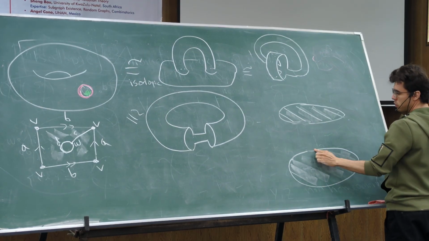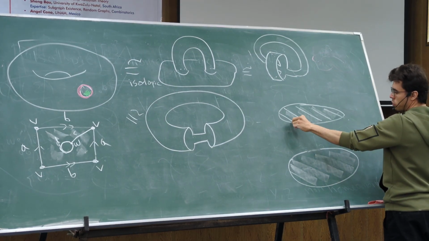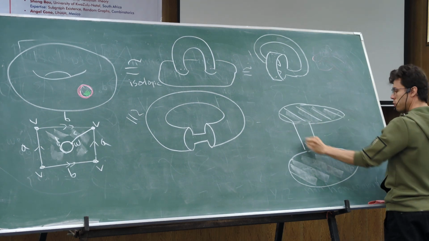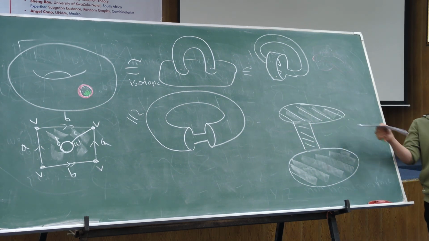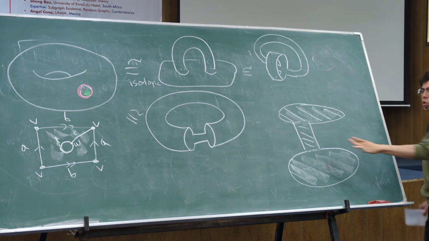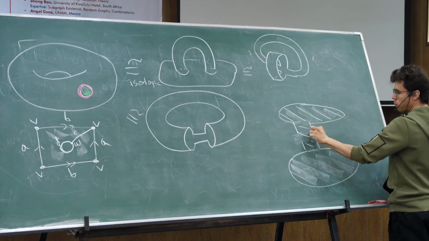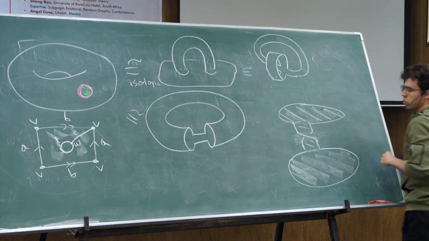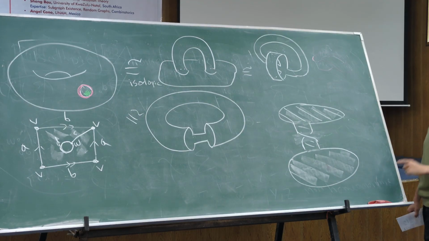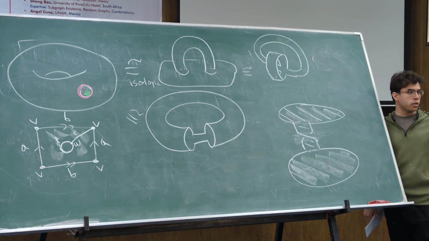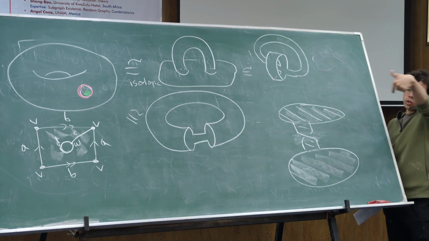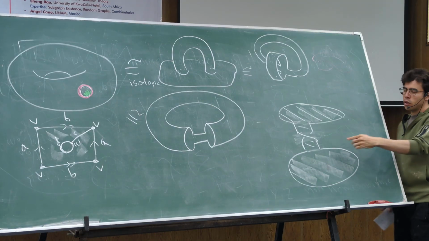So one disk. We are going to glue a disk here, but not in this way. What we do is that we twist. So the whole picture is still a disk, because I can twist and it's a disk.